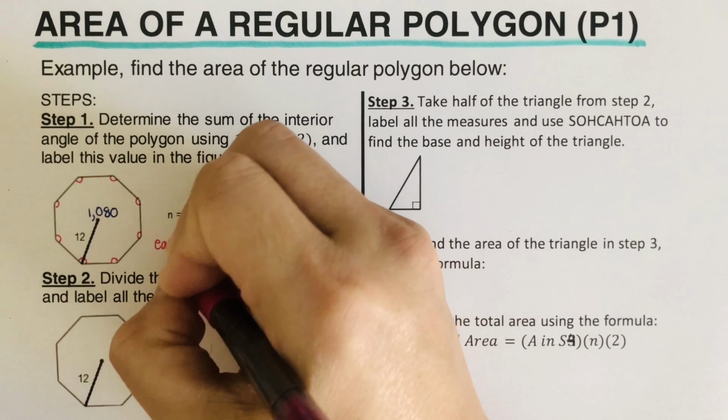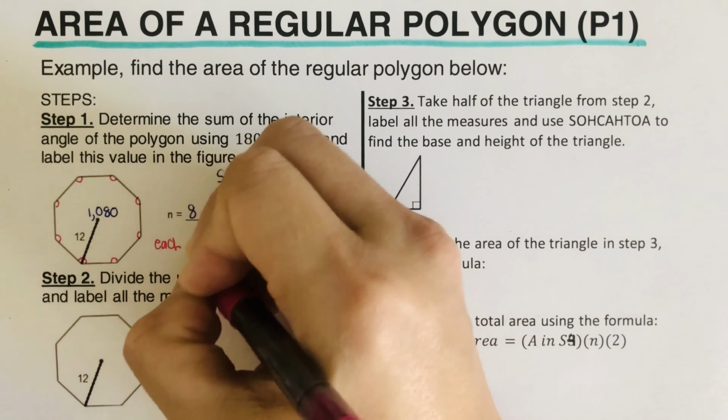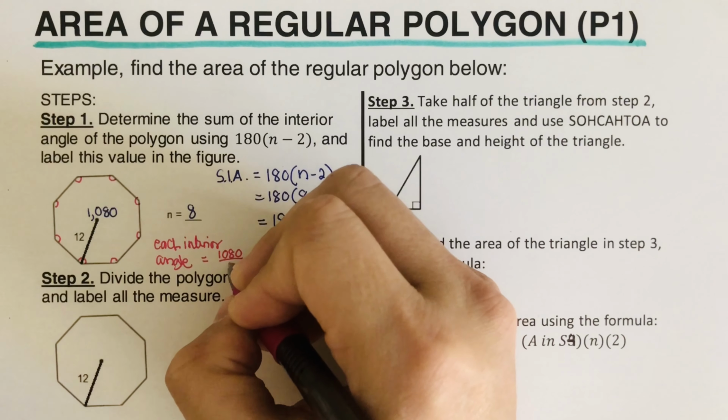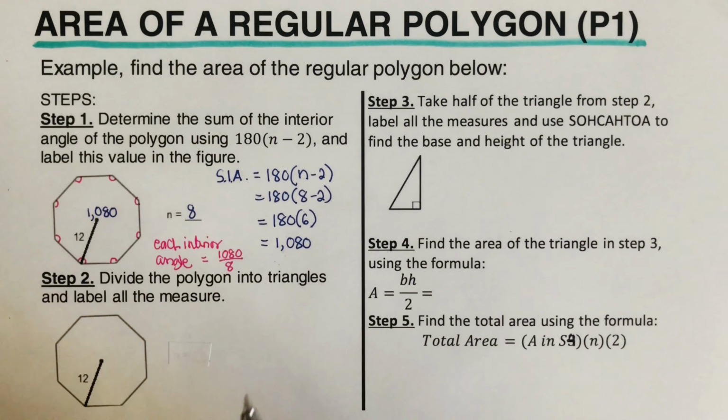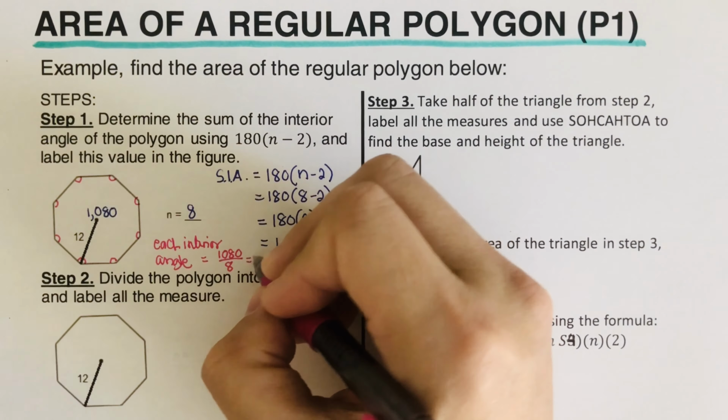Each interior angle is equal to 1080 divided by 8, which is equal to 135 degrees.